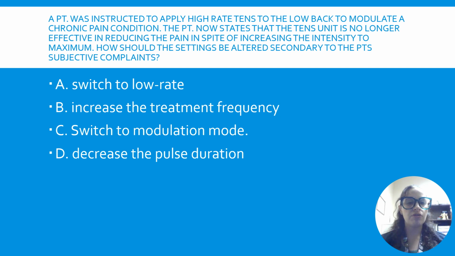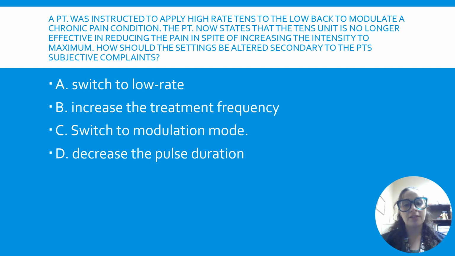So increasing the frequency, decreasing the pulse duration, that is modulating, okay? And then C says modulate. So they're all modulating. If you have three similar options that are practically saying the same thing, it's probably not the right answer because there's no way to differentiate what the difference is going to be.